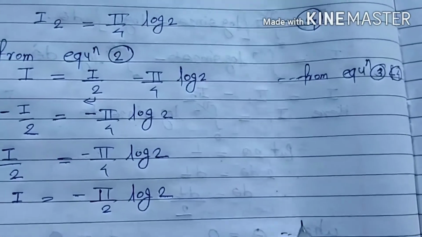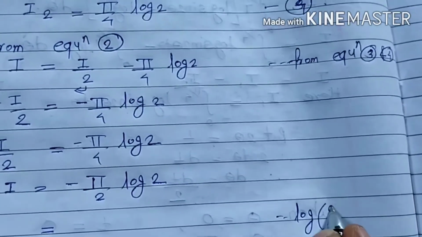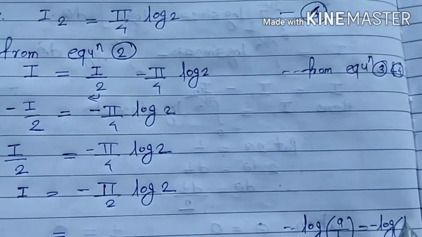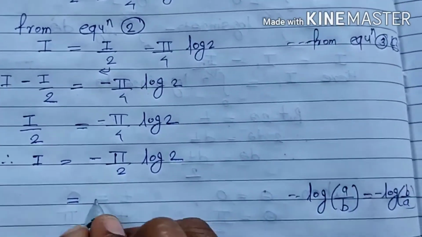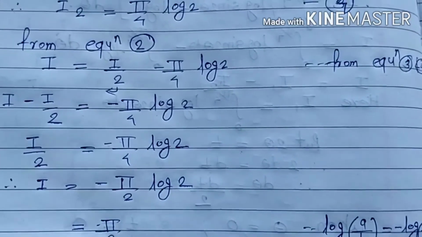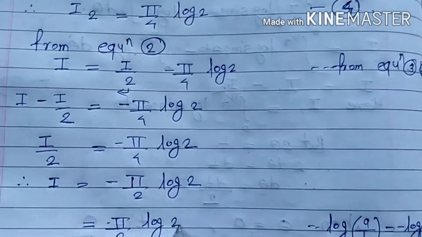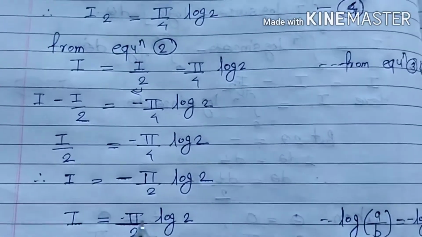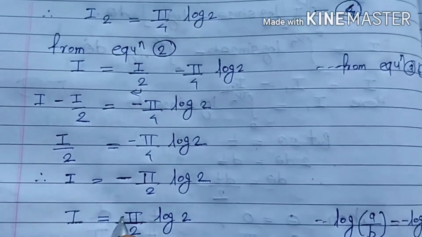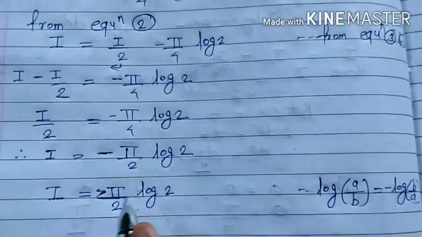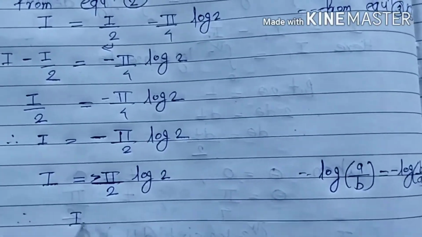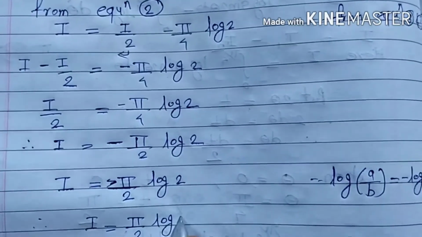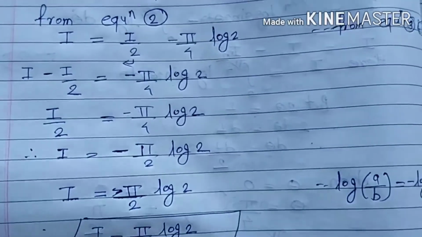Now using the property of logarithm, log a upon b is equal to minus log b upon a, so this minus sign gets cancelled. So I is equal to pi by 2 log 2. So this is our answer.